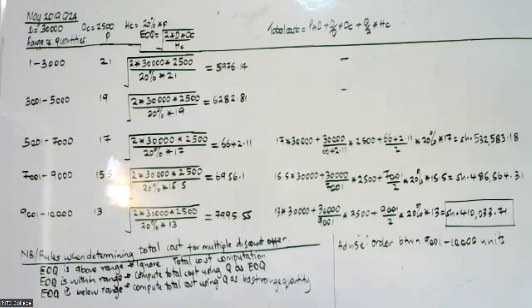Number 4: the annual demand is constant and is known in advance.